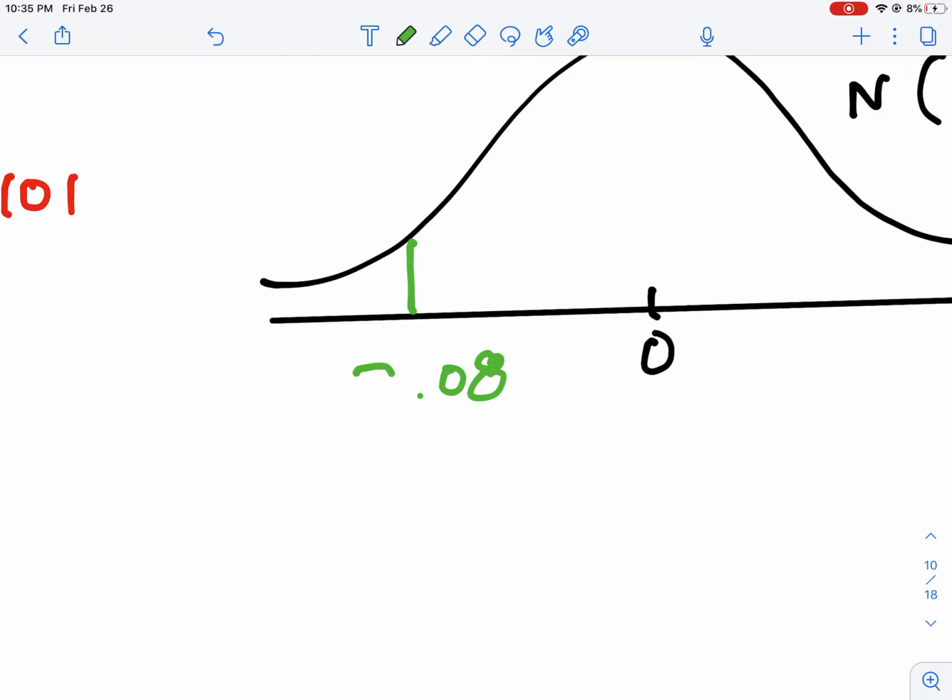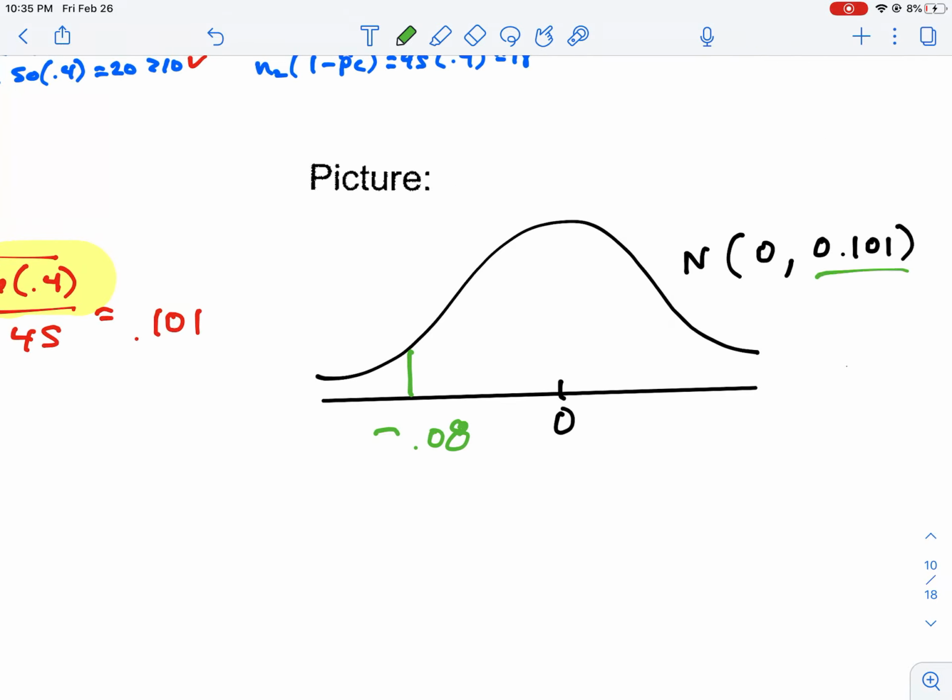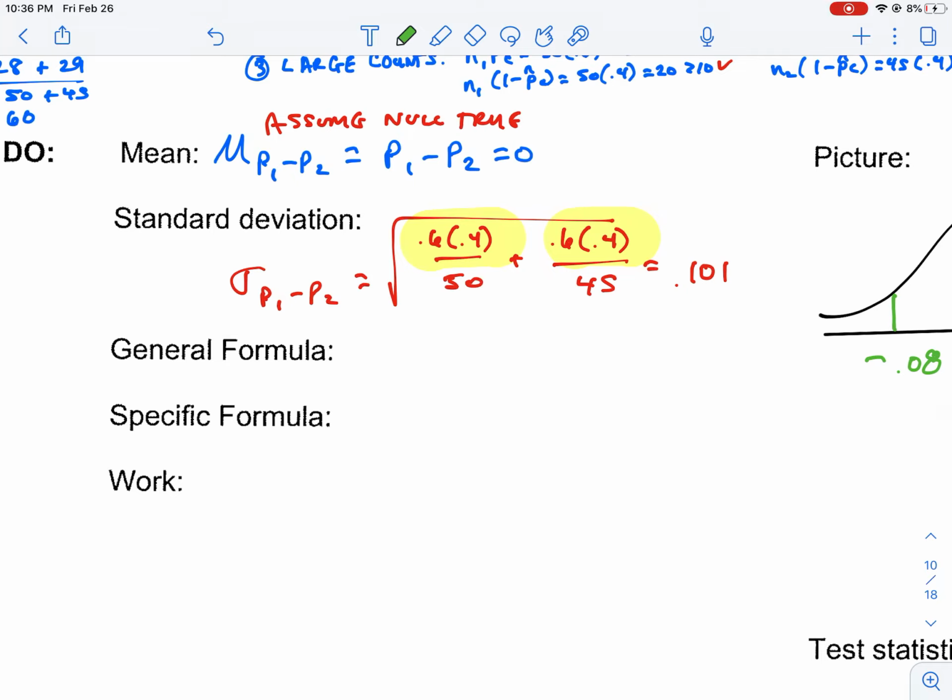So it's below 0, and if we just eyeball that compared to our standard deviation, it appears to be pretty low there. But let's take a look. Oh no, wait, so it's 0.08 compared to 0.101. So it doesn't appear to be even one standard deviation below. But let's do our general formula just in case, and our specific formula, and find an exact probability for that.